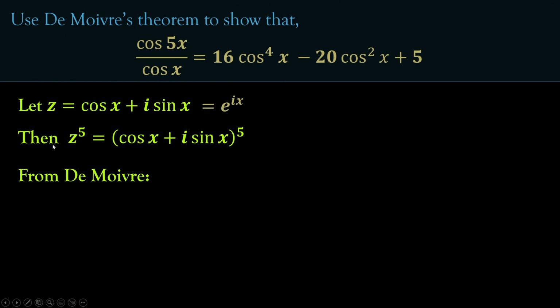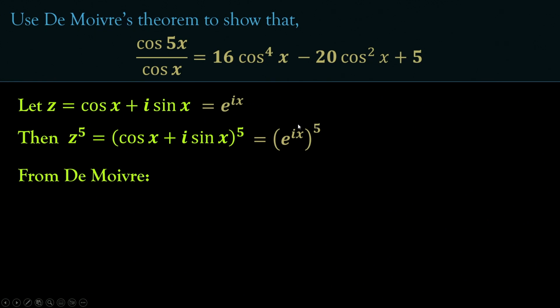Now, if we have z to the power 5 equals that, then I can replace the stuff inside the bracket using the Euler form, and so I would write (e to the power ix) all to the power of 5.